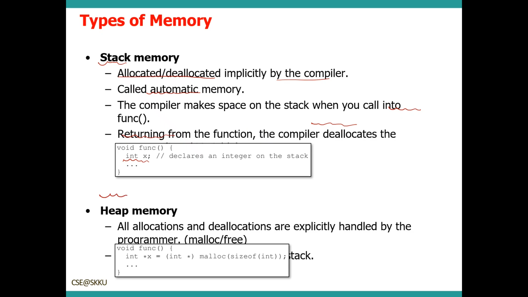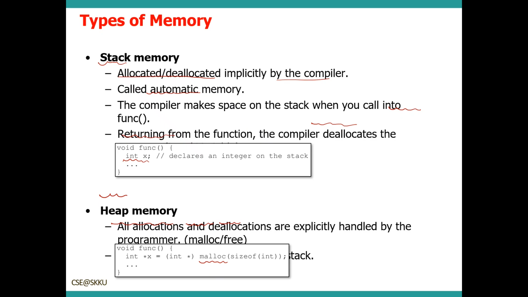The heap memory area is used to allocate variables dynamically. The heap memory is allocated by the programmer by calling the malloc or free API. As you can see in this figure, by using the malloc API, the programmer can dynamically allocate and deallocate memory space.